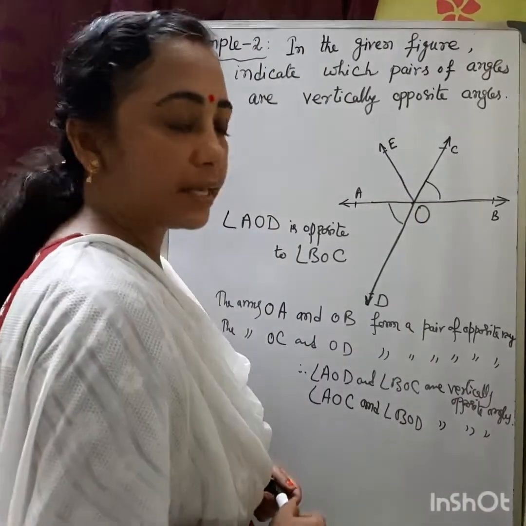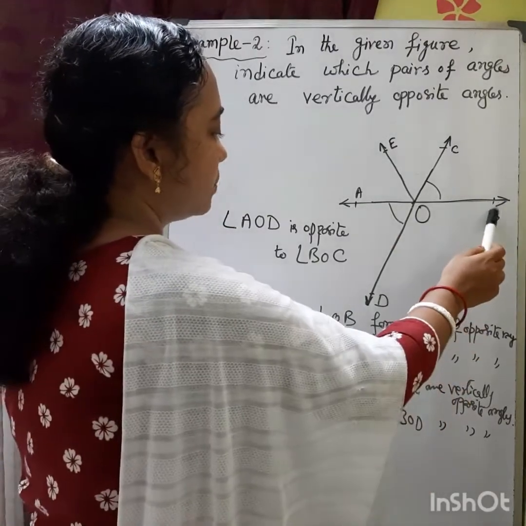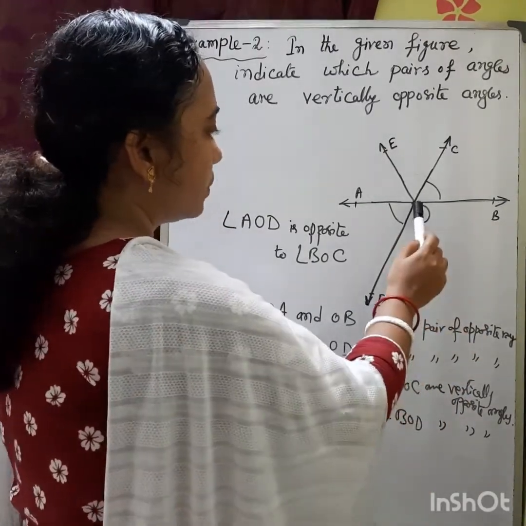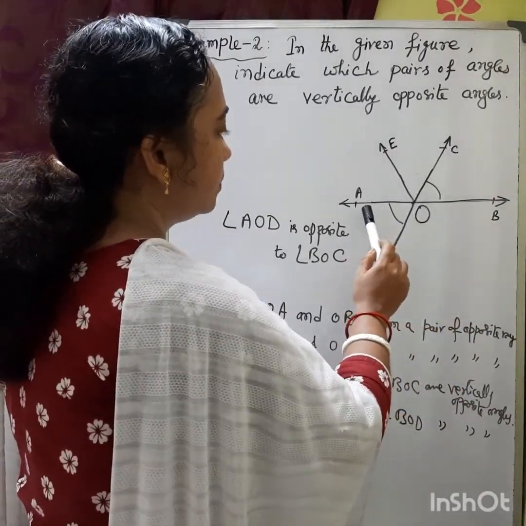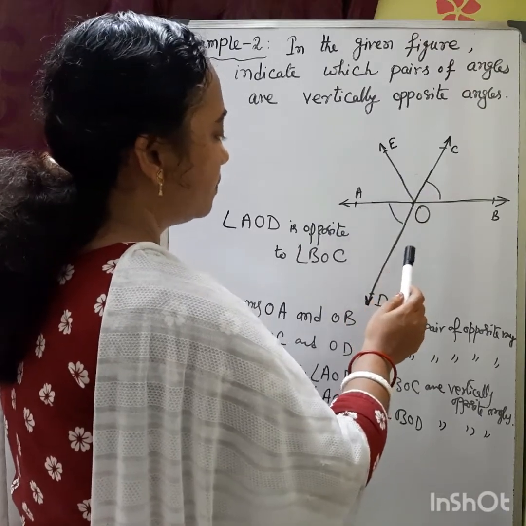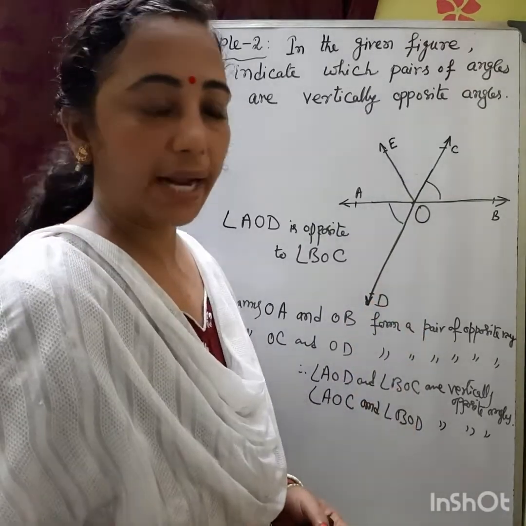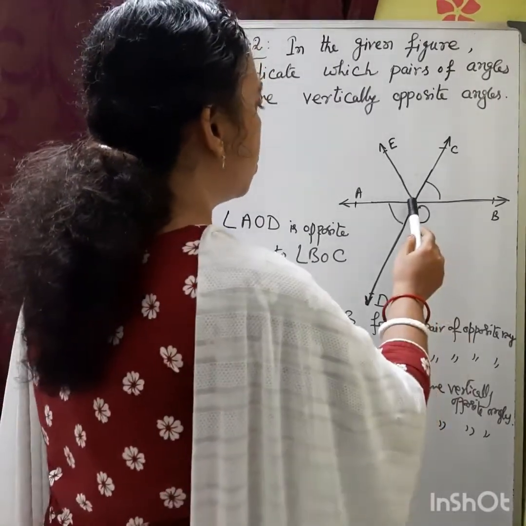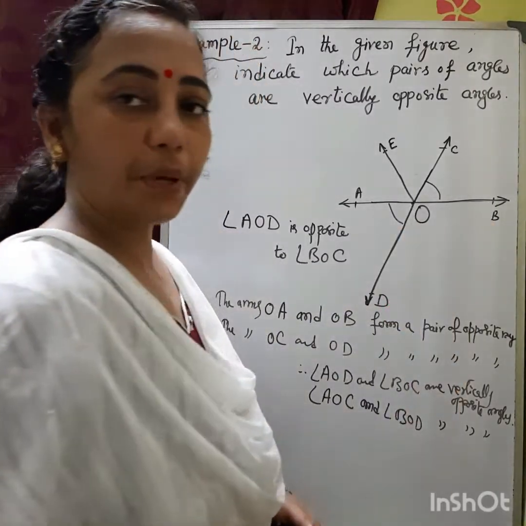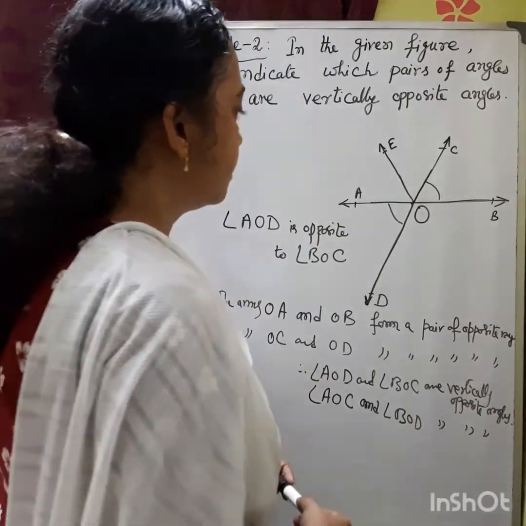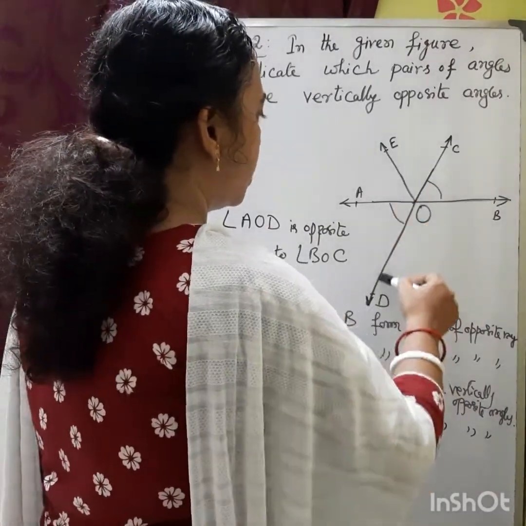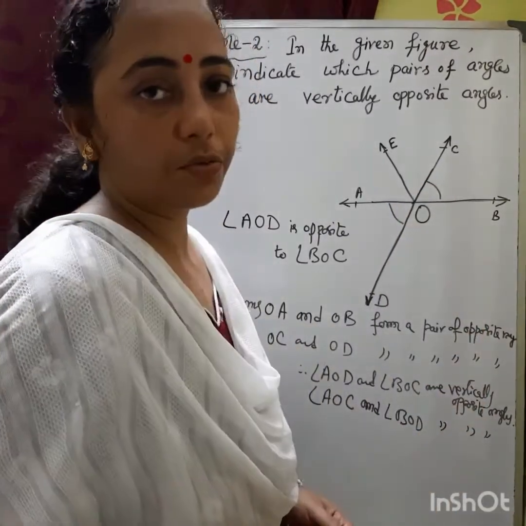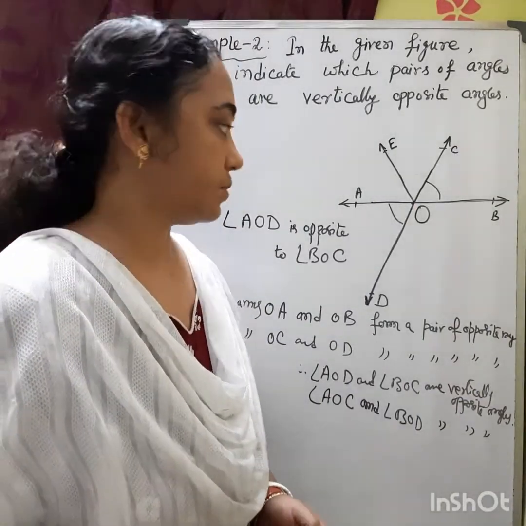Now consider angle AOE. This angle is opposite to the angle BOD, with common vertex O. They have no common arm. Also, these two angles are not adjacent angles. But if we consider their arms, OA and OB form a pair of opposite rays, while OE and OD are not forming a pair of opposite rays.